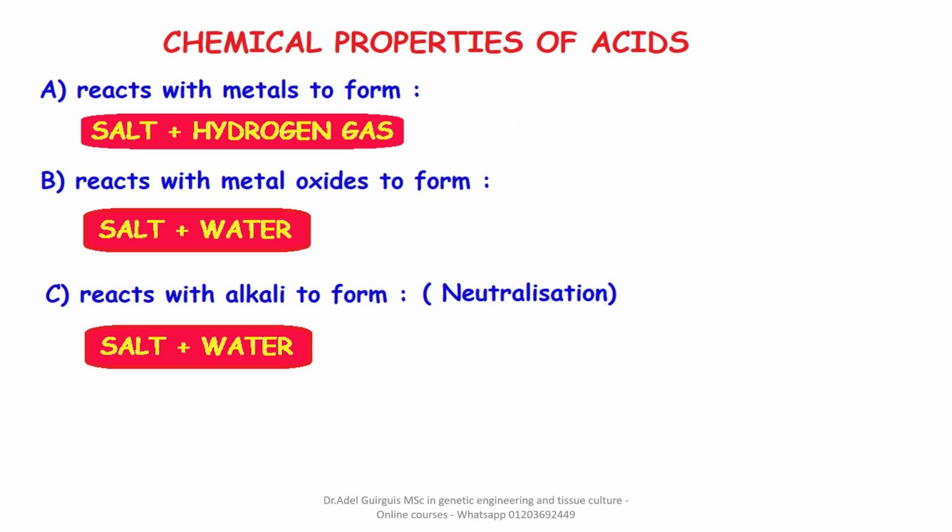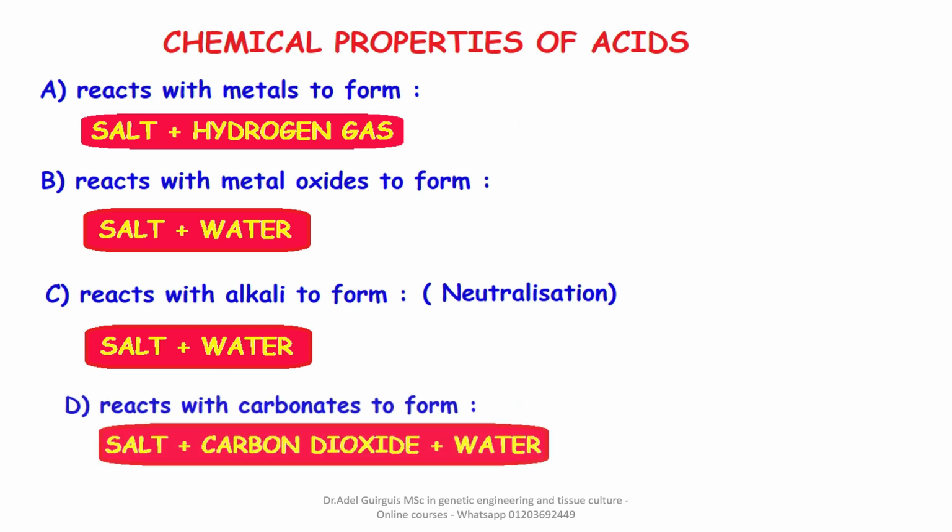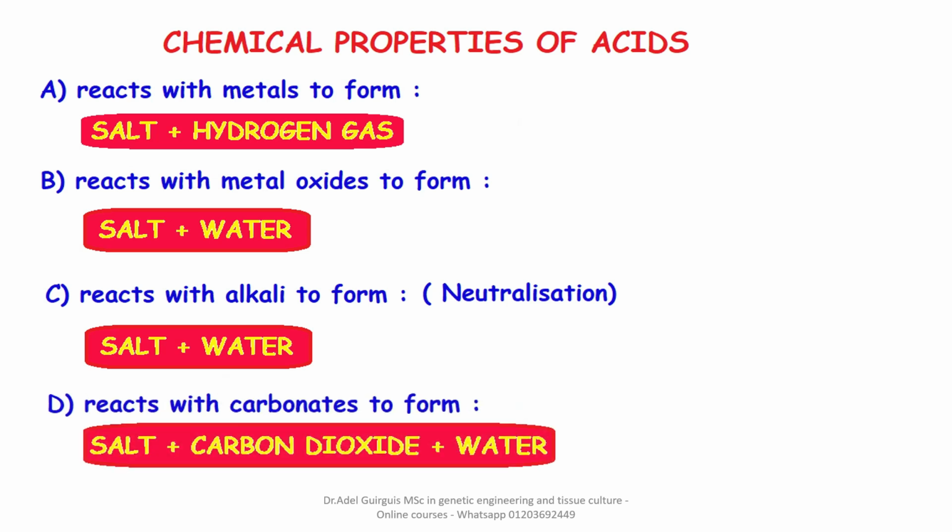So salt and water in letter B and letter C. For letter D, salt plus water in addition to carbon dioxide release, when acids react with carbonates or bicarbonates, hydrogen carbonates. All of these, when they react with acid, release carbon dioxide gas.